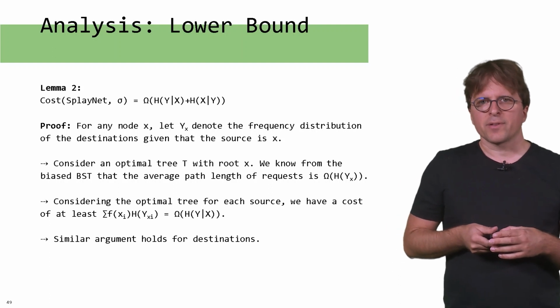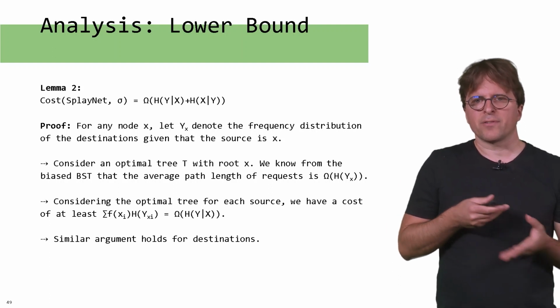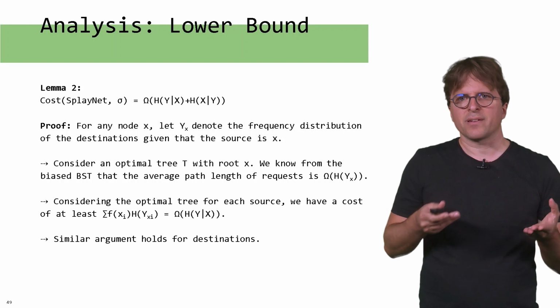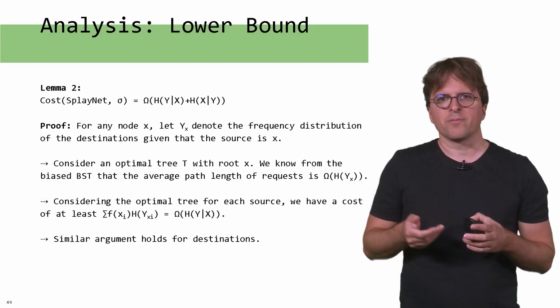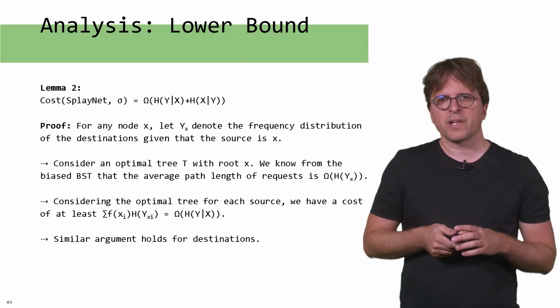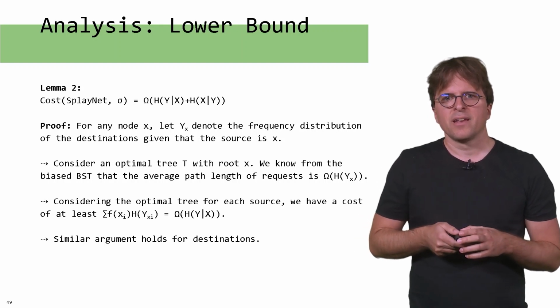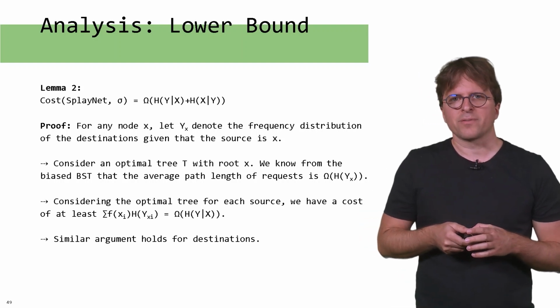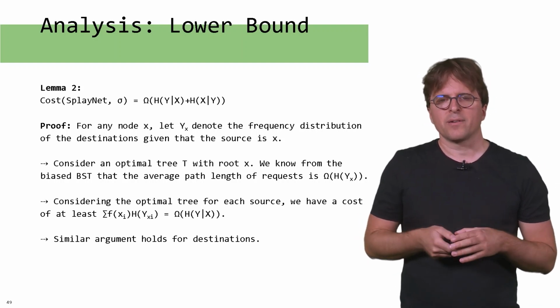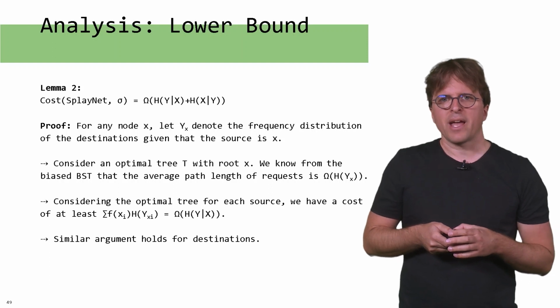And then if you consider this optimal tree for each source, we have a cost now that is at least, and now we can compute this together, the sum of the frequencies of this x times basically the entropy of this random variable Y given x.